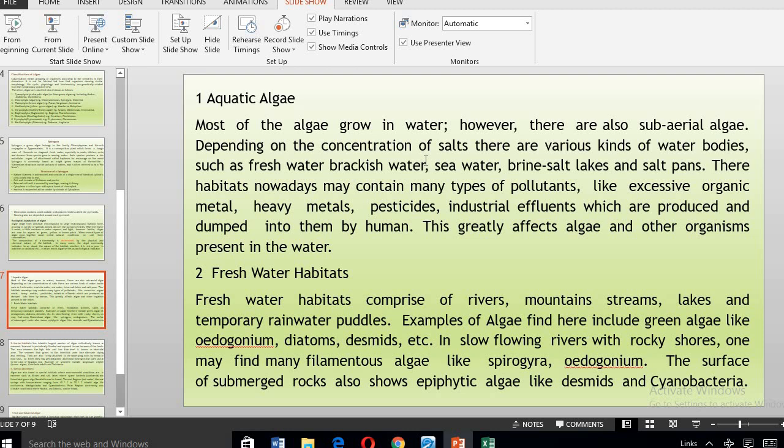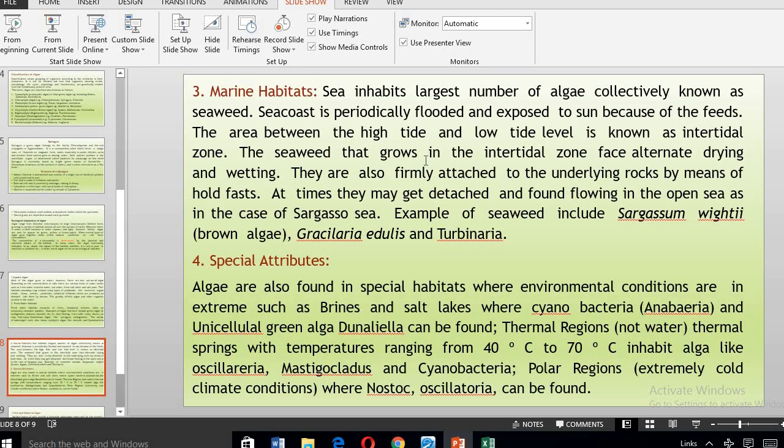In slow-flowing rivers with rocky shores, you may find many filamentous algae like Spirogyra or Oedogonium on those surfaces. The surface of submerged rocks also shows epiphytic algae like the desmids and cyanobacteria.